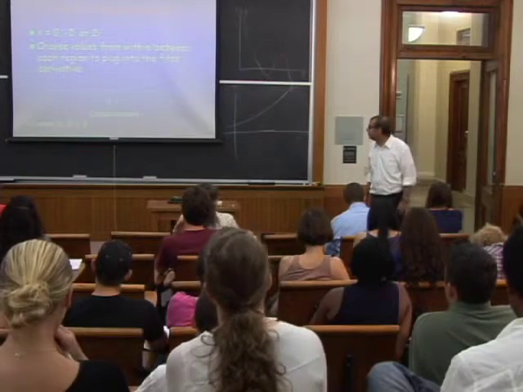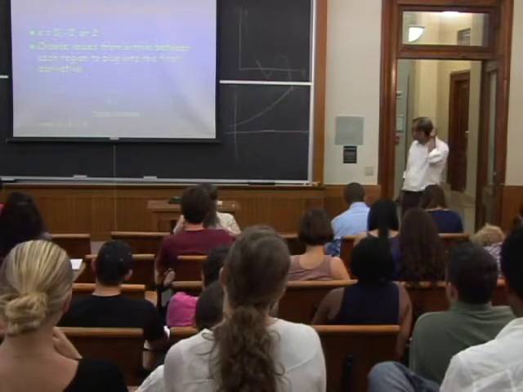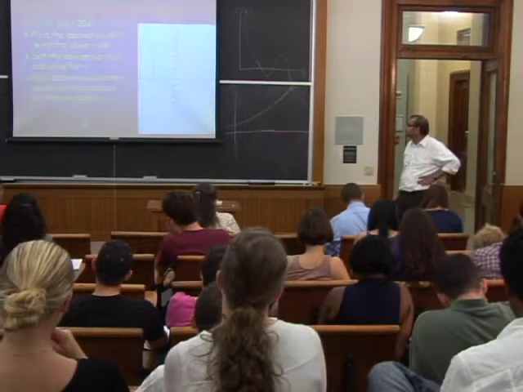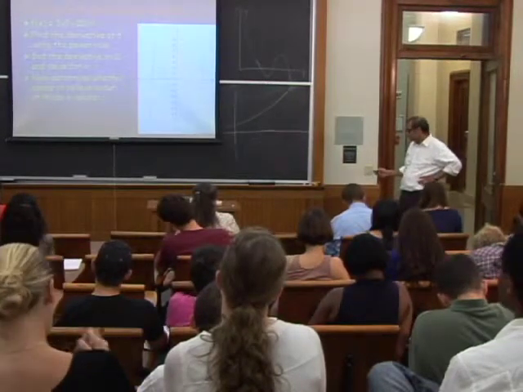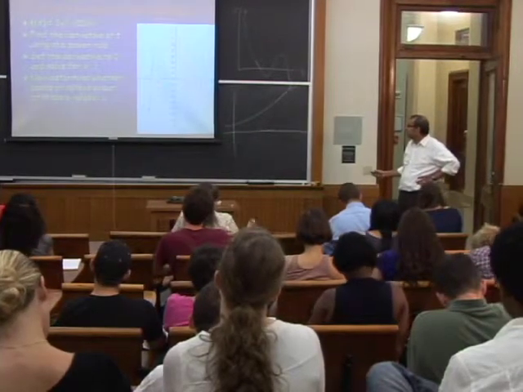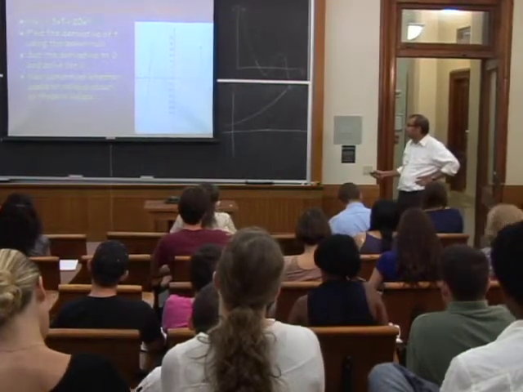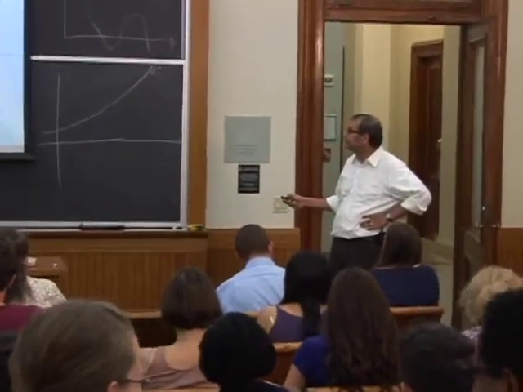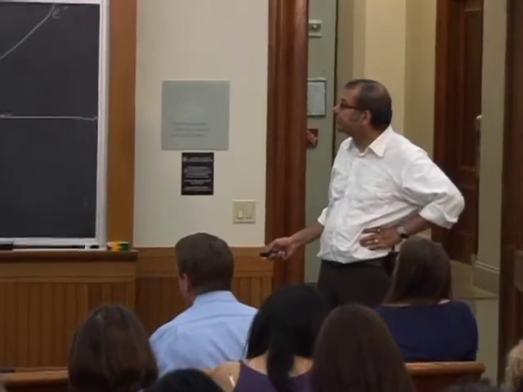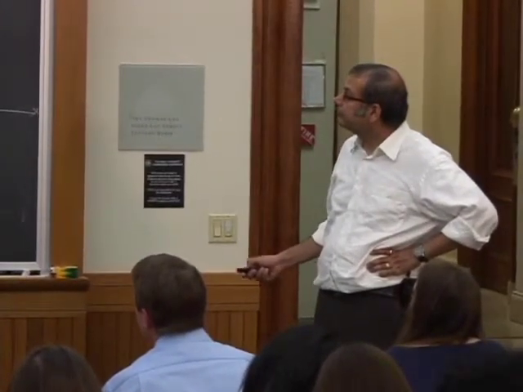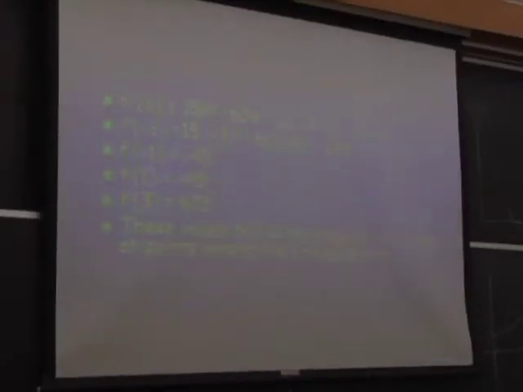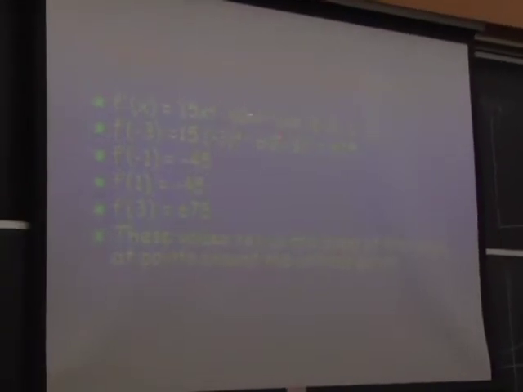What you could do here is plot it, once you find the derivative. Did I tell you what that was? Yes, that is 15x to the 4 minus 60x squared.